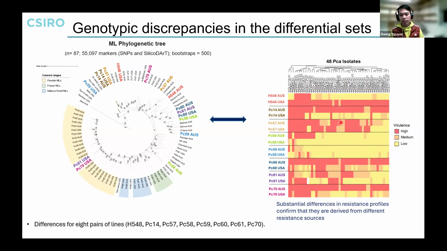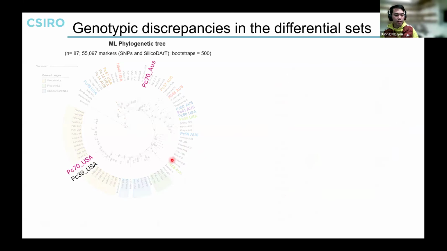Looking at the virulence profile, we see that the lines that are supposed to be identical show substantial differences in their resistance profiles. This confirms what we found from the genotypic discrepancy, and suggests that they are derived from different resistance sources.